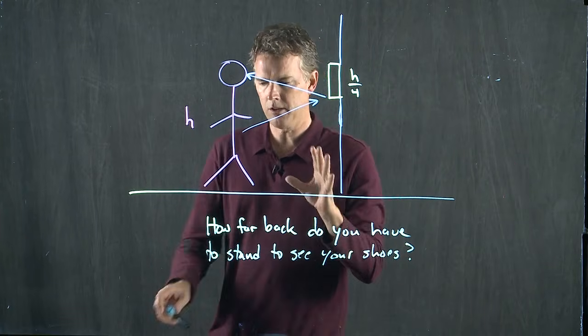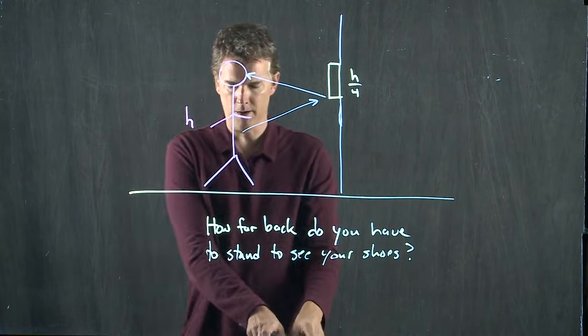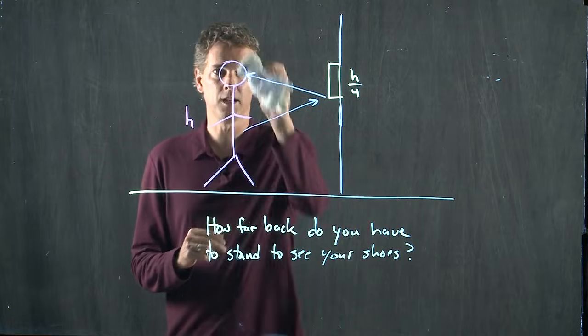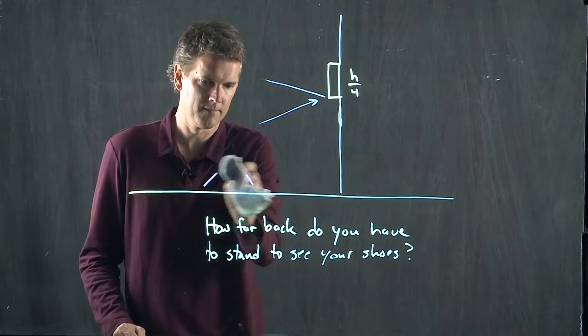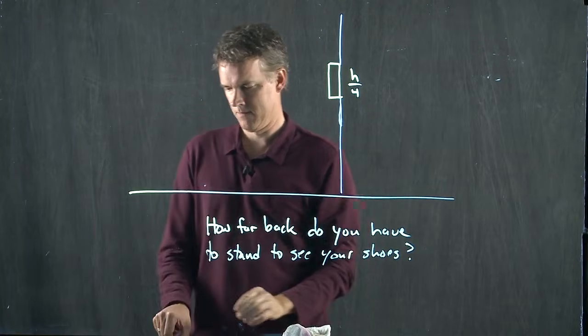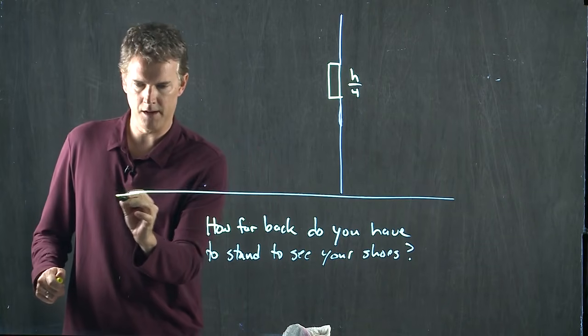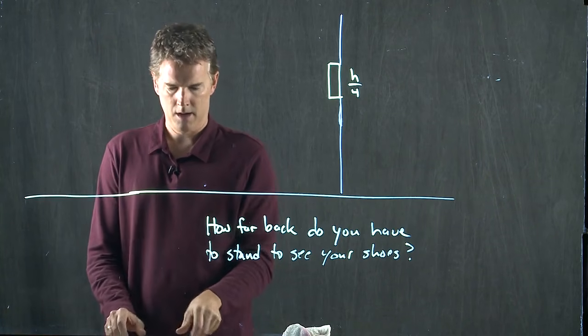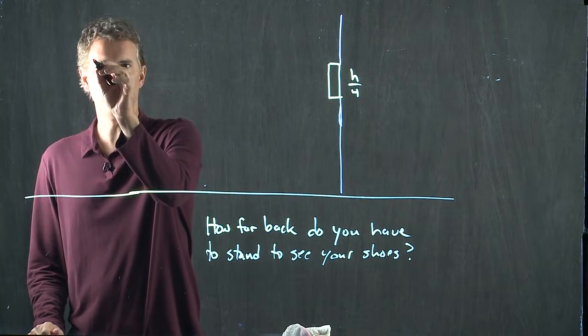But now let's take this person and let's move them far away and see what they can see. Okay, we'll extend our floor a little bit. And now that person is right here.